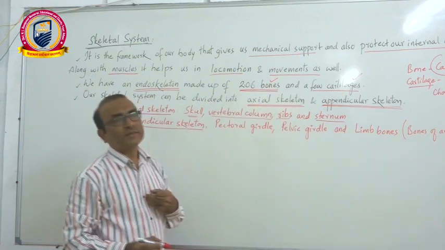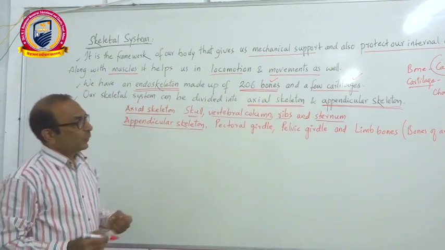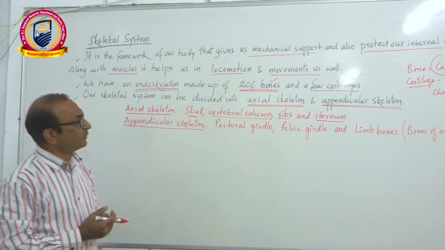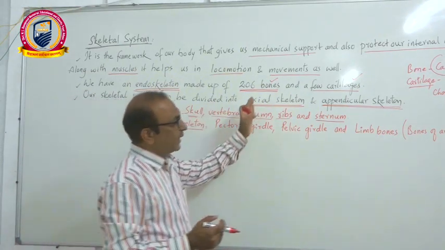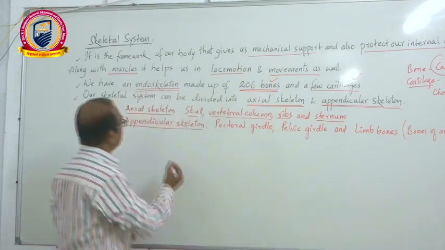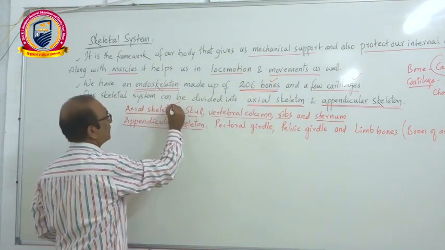Sternum is the breastbone in the front to which the ribs are attached. So the skull, vertebral column, ribs and sternum together make up the axial skeleton.